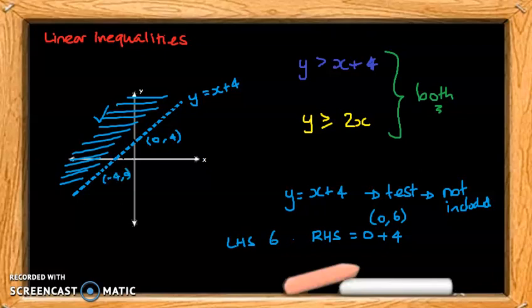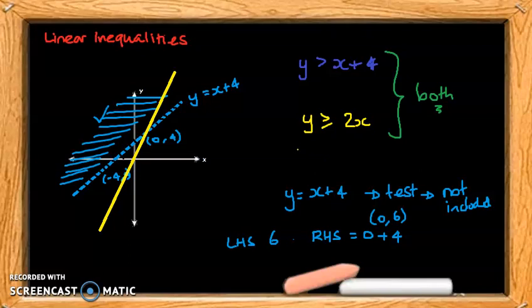Now for the yellow region, I'm looking at the area of y is greater than or equal to 2x. So that's a line that's going to look something like that. So I'm going to draw that line in. The next thing I'll do is I'll test whether a point is appropriate. And let's now test the same point, 0 and 6.